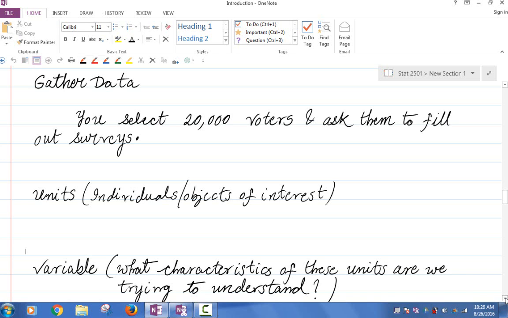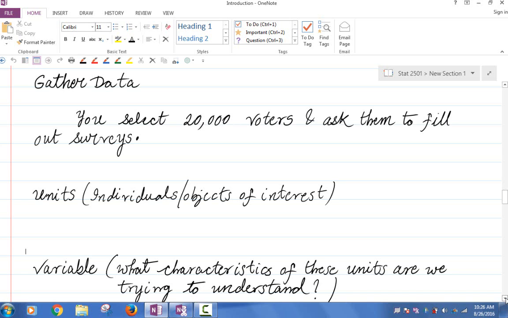So units. In this study, what are the units? Well, the units are the voters, right? We are trying to say something about the voters, not all people.